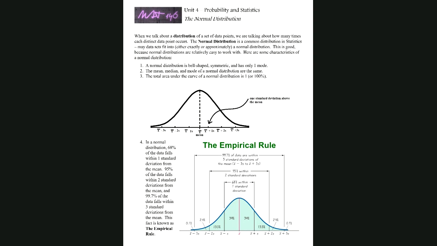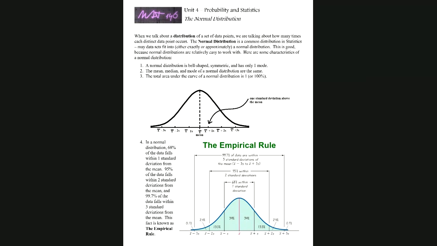Let's talk about the normal distribution. Just to review, when we talk about a distribution, we're talking about a set of data points and how many times each distinct data point occurs.